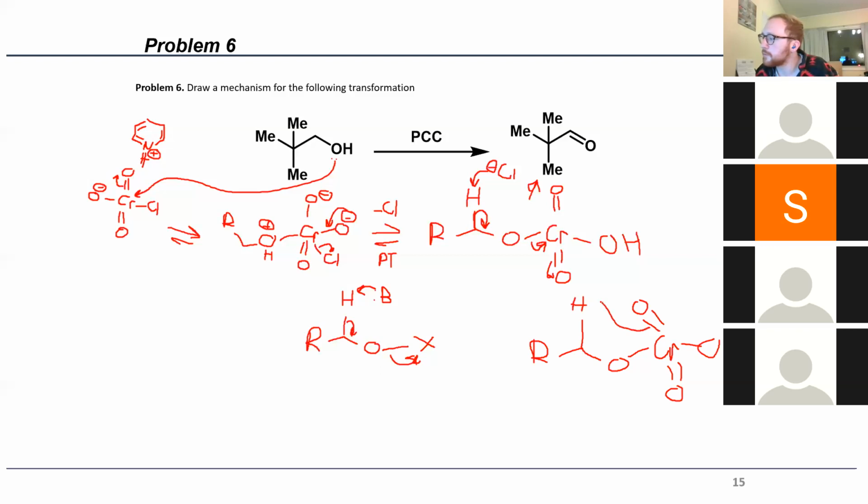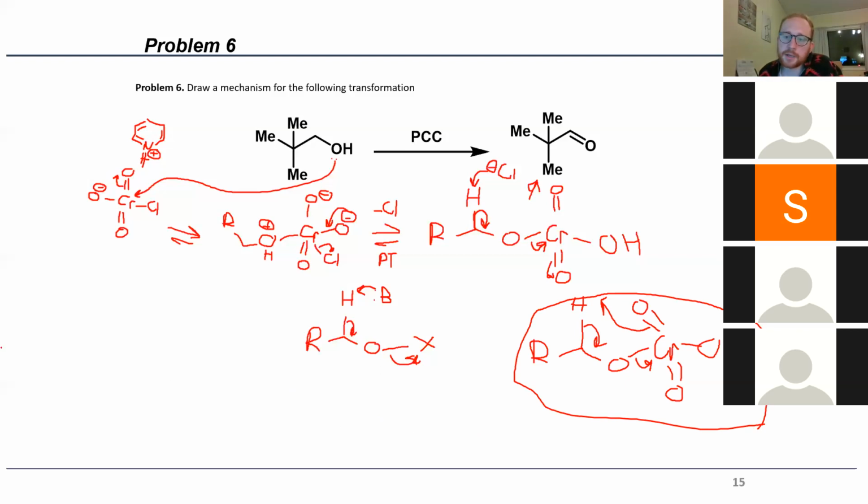So you could invoke a mechanism that looks like this as well. Maybe in class we did this, so this is better, but I've seen both. Could a proton transfer happen before the chlorine leaves? I think that's possible. I don't know if there's a good rationale for either.